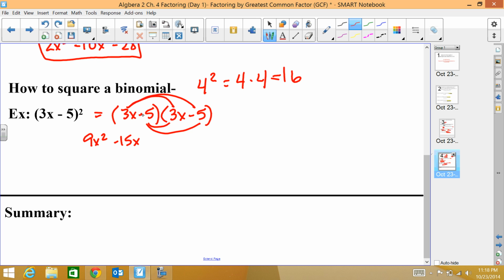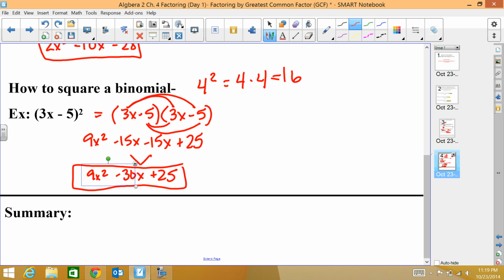So I have negative 5 times 3x, which is negative 15x, and negative 5 times negative 5, which is positive 25. Then I can combine the like terms, and so I end up with 9x squared minus 30x plus 25. And that would be my final answer.